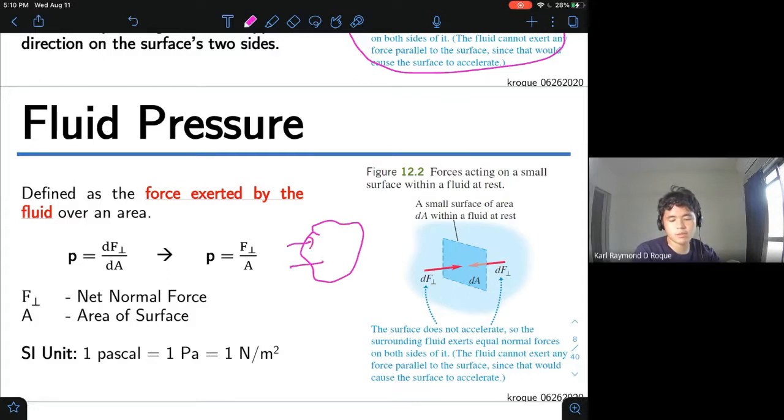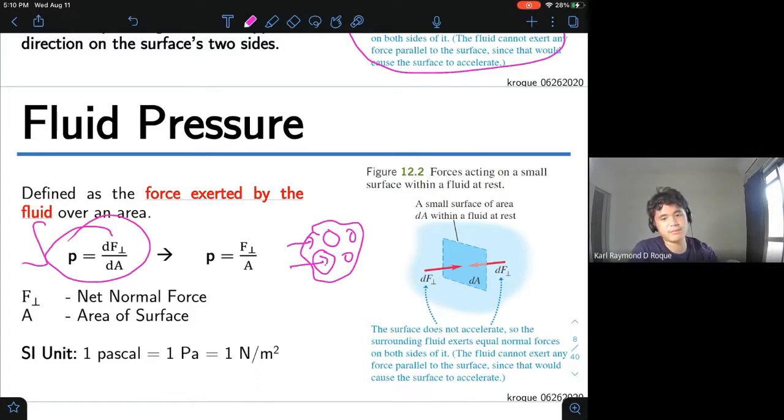So, what's next? Force exerted by fluid over area. So, if we take small elements, ayan. Tas iba-iba yung pressure at each point in the fluid. So, to get the total, i-integrate natin yan. Pero, hindi pa kayo physics 4, so hindi niyo pa alam yan.